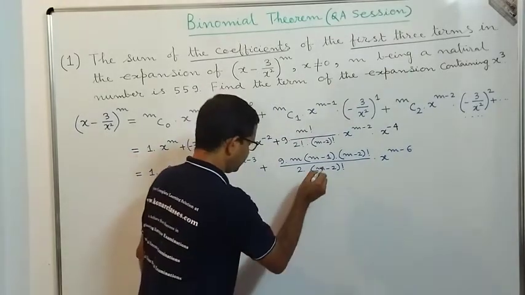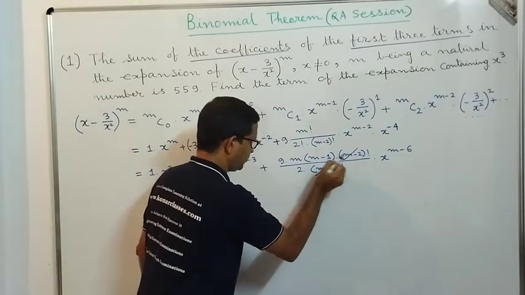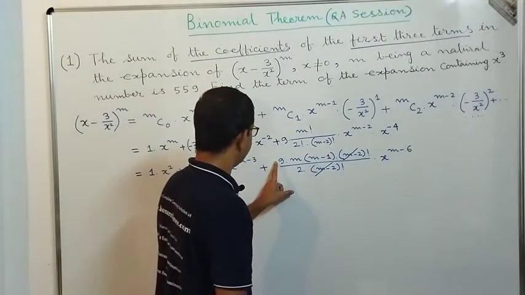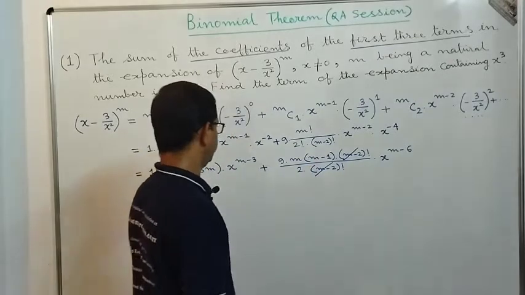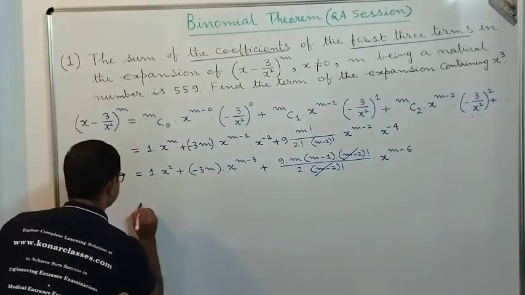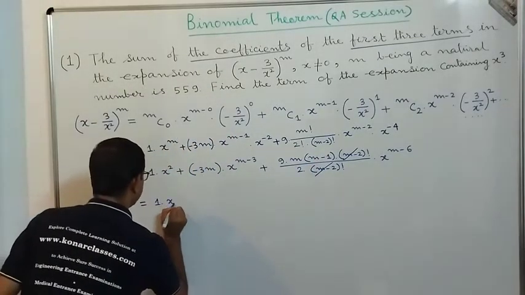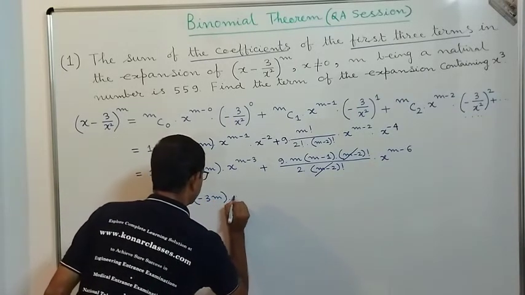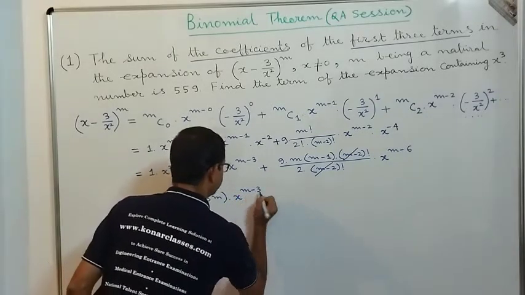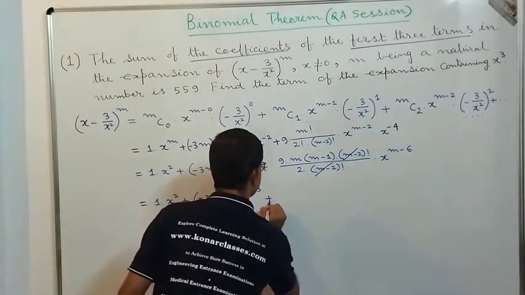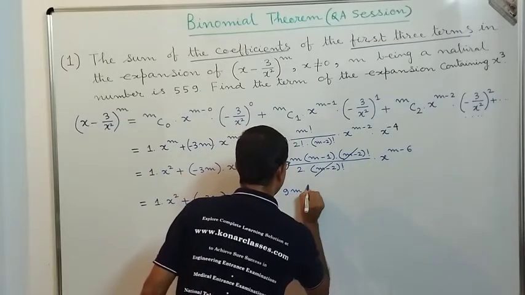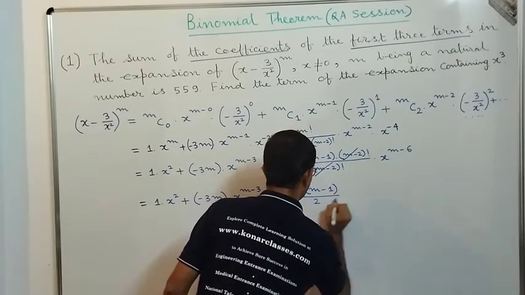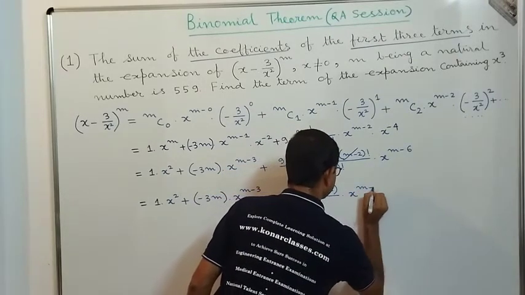Factorial m minus 2 and factorial m minus 2 got cancelled. So we get 9m into m minus 1 by 2. In the simplified form: 1 into x to the power m, plus minus 3m into x to the power m minus 3, plus 9m into m minus 1 divided by 2 into x to the power m minus 6.